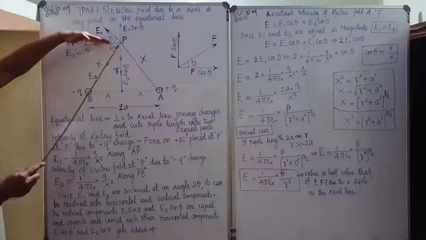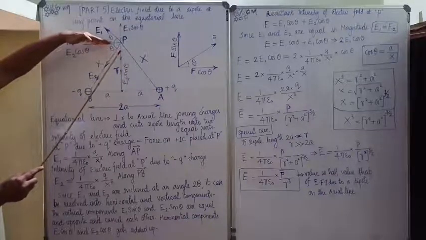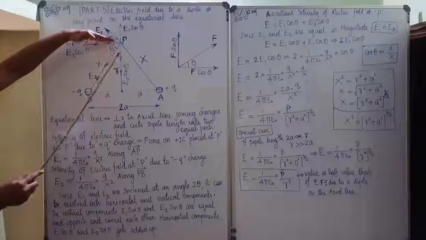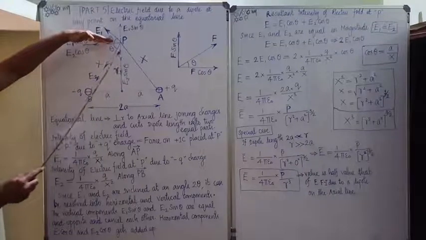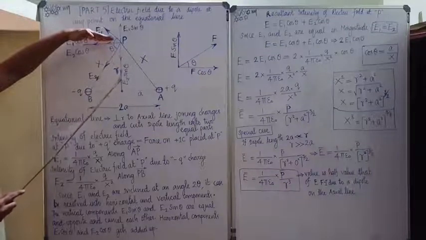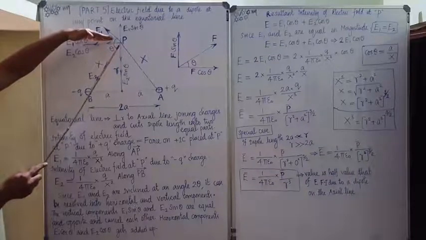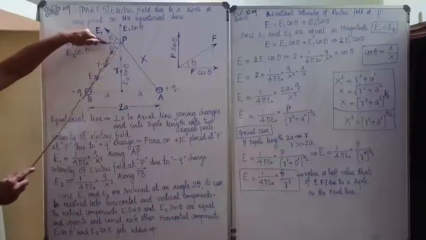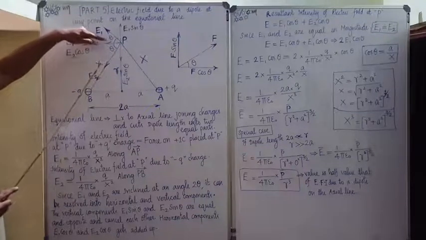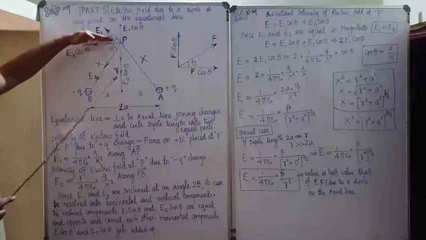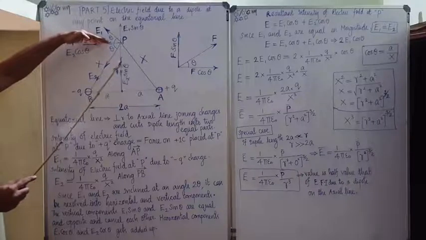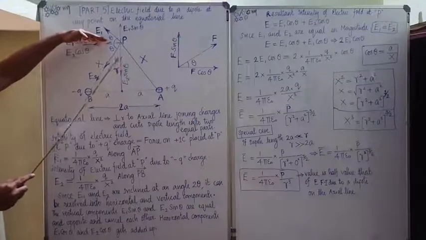It will go this way. So this E2 vertical component is in this direction, so it will come over here: E2 sin theta. The E2 which is making an angle can be resolved into horizontal component E2 cos theta and vertical component E2 sin theta.